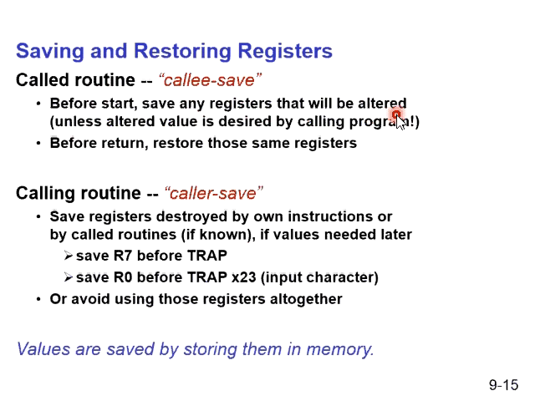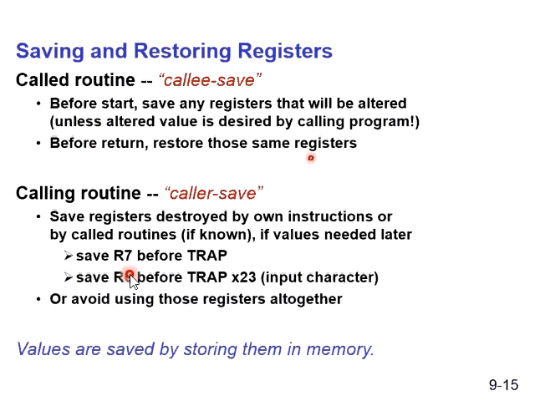Maybe in the subroutine, in the trap routine, you use registers at that time. You can use them, of course, but before starting the subroutine or trap, you must save the registers you can change. And before returning, please restore them.